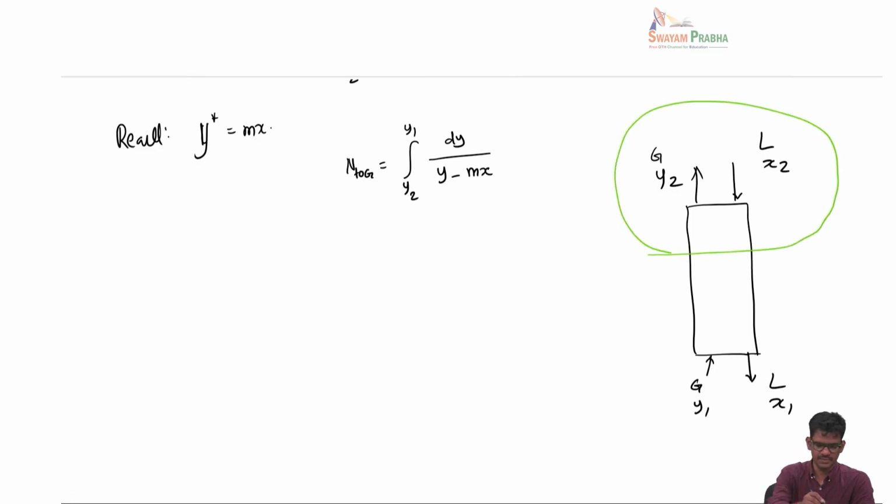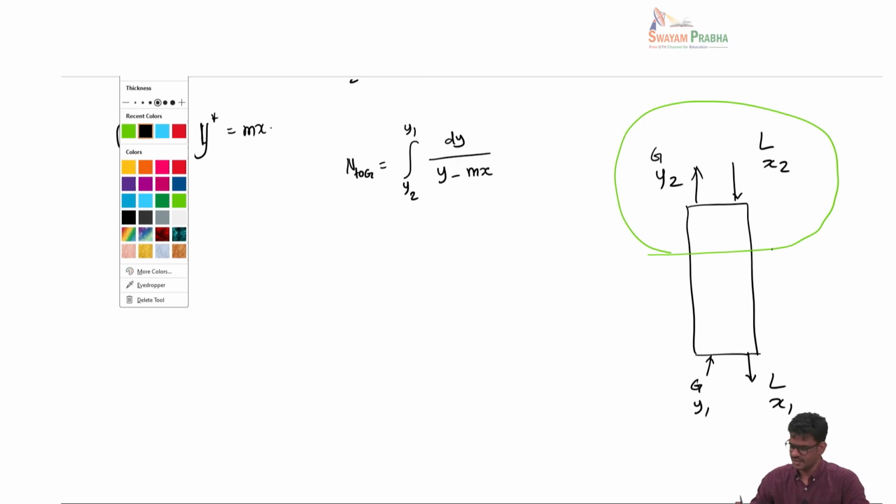So let us do a mass balance in this particular envelope, where this is at a particular location in the column.